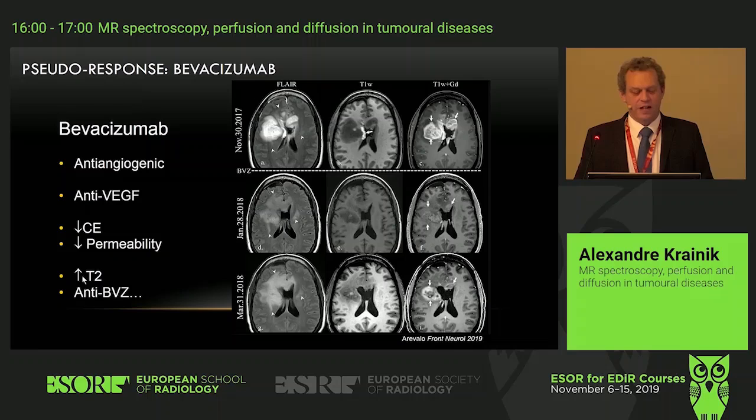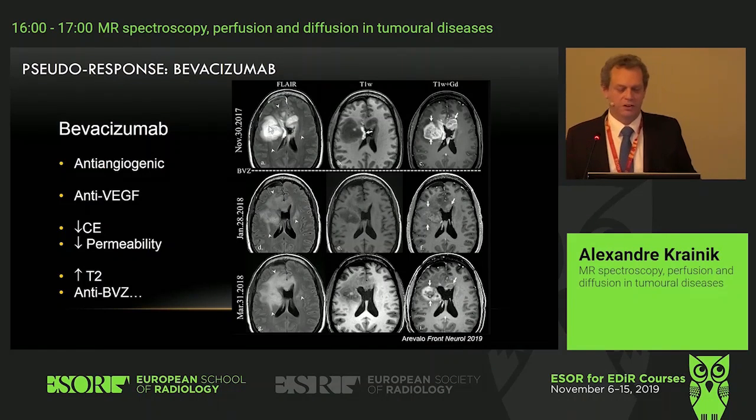And the fact is that the tumor itself will keep growing on. That's why the T2 abnormality will increase. And usually you can detect sometimes antibodies against this bevacizumab. Here's an illustration from the literature.